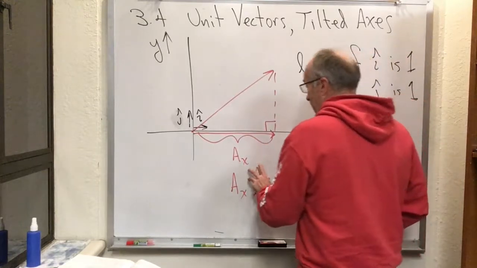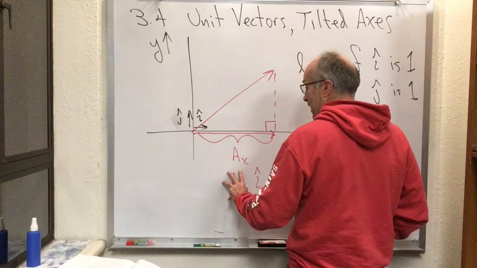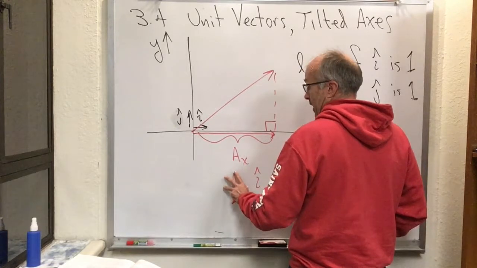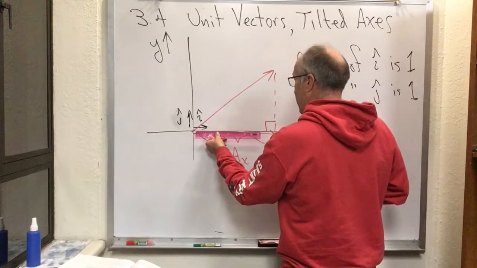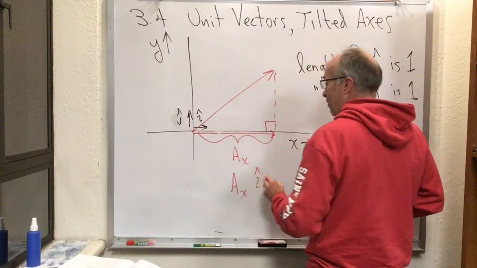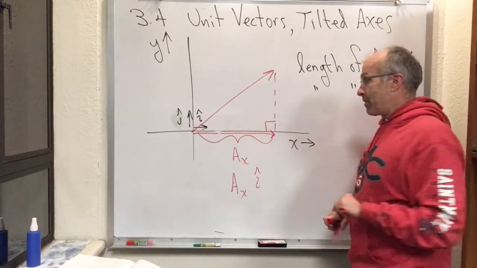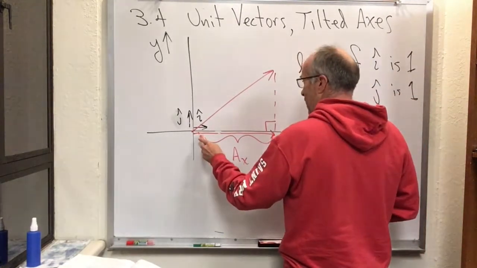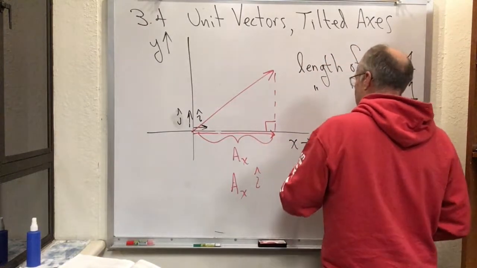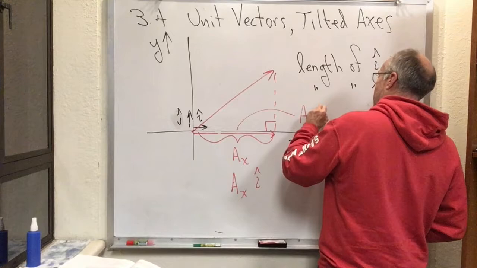And if this has length 1, which is a pure number, and this has, say, I'll actually measure it out, about 37 centimeters, then 37 centimeters times this thing, which has length 1, has length 37 centimeters. So what we've learned is that this vector that I've just drawn here is a sub x times i hat.